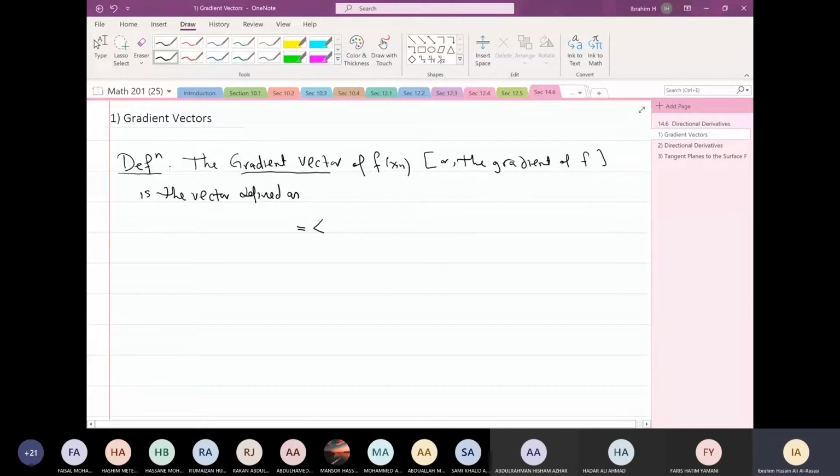The components of the vector are f sub x of x, y, and f sub y of x, y. That is a vector whose components are f sub x and f sub y.